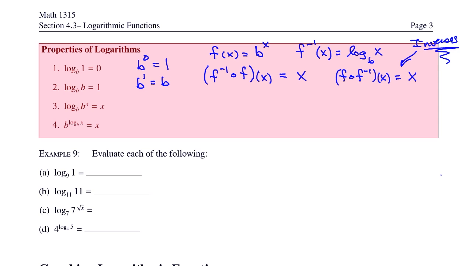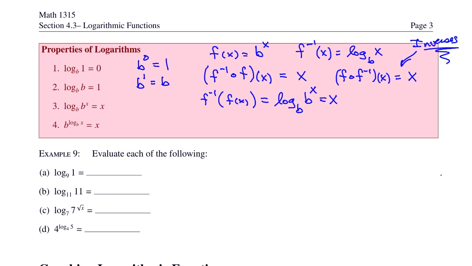Now, what does that look like when the function is the exponential function and the log function? Well, if we do this first one, f inverse of f of x, the inverse function is the log function, so that would be log base b, and then we need to evaluate that at f of x, which is the exponential function, b to the x, but by the rule directly above it, we know that that has to be equal to x.